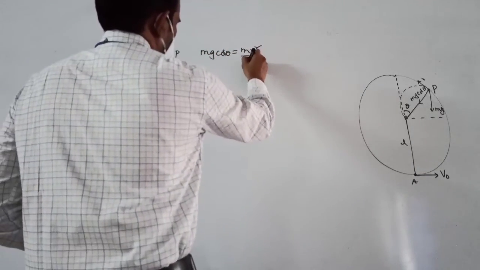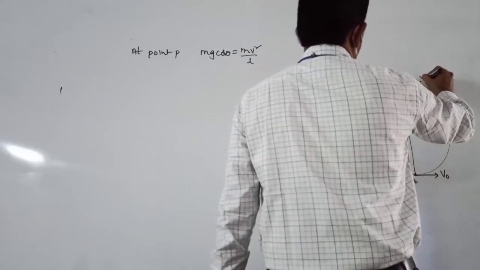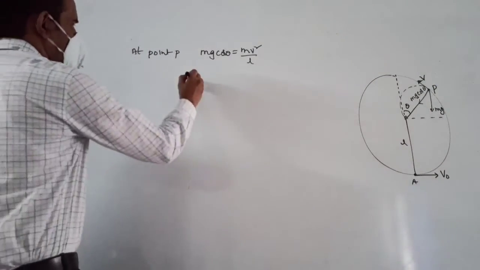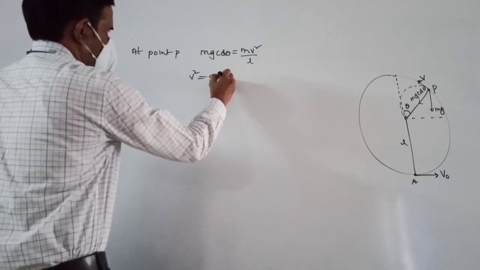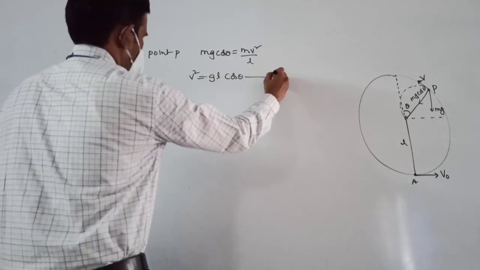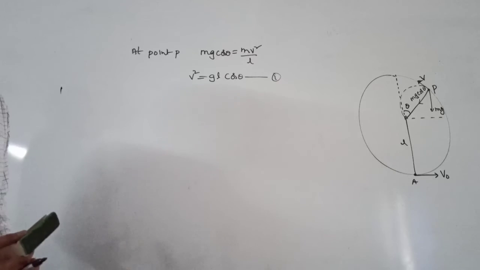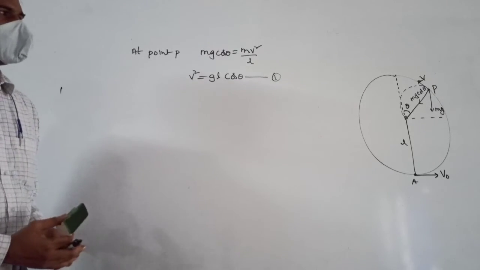Therefore this equation remains the same, and gL cos theta gives you the v square value. After this I am applying the kinematics principles directly here.